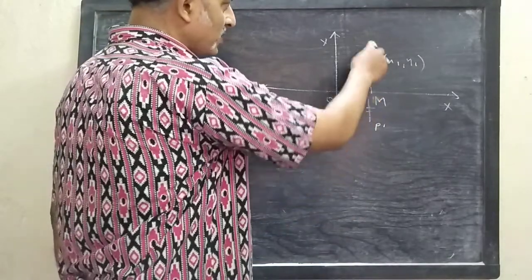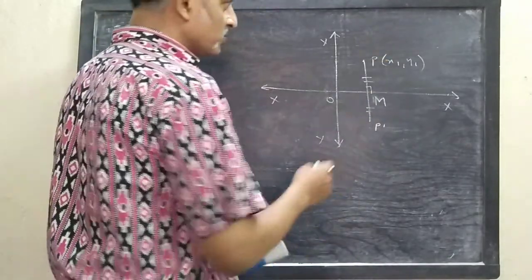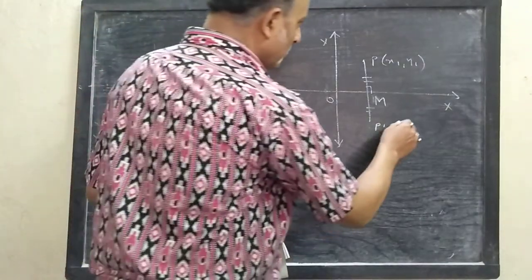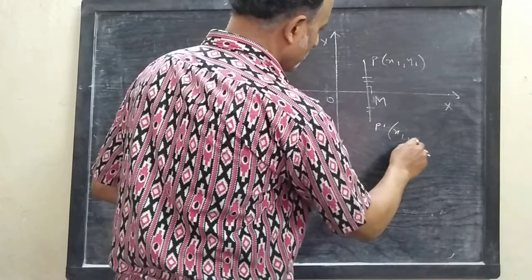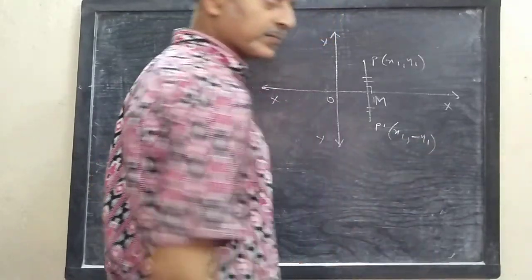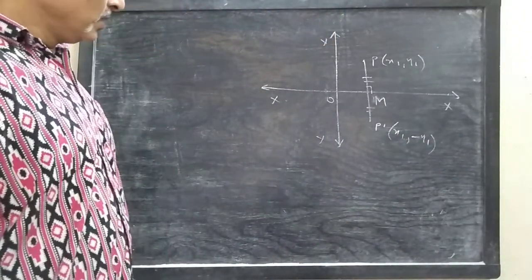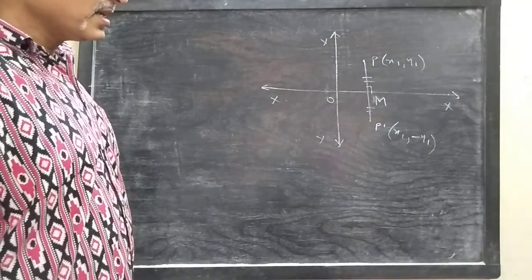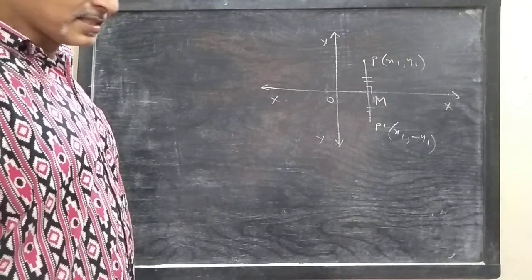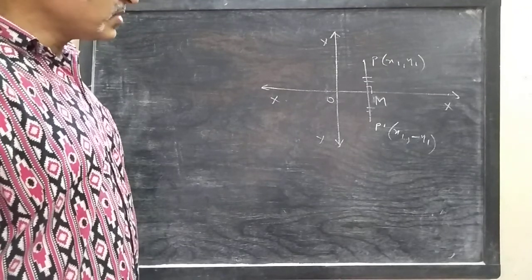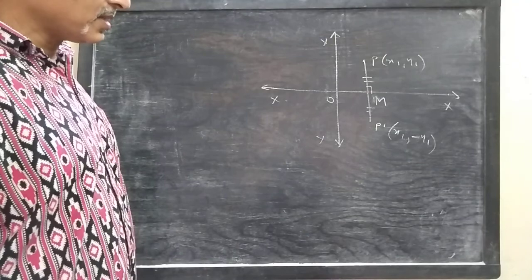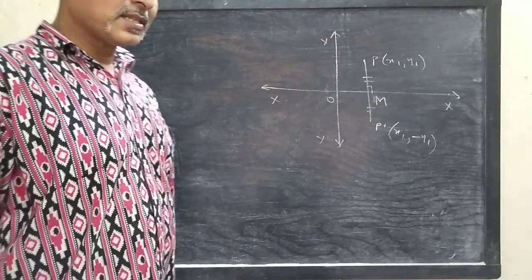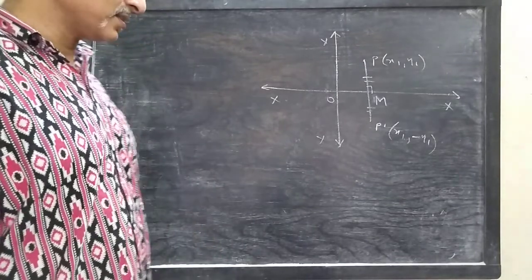And as OM is fixed for P and P dash, their abscissa remains fixed. So the coordinates of P dash will be x1, minus y1. Thus, when a point P is reflected in the x-axis, the image is formed at x1, minus y1. That is, its abscissa remains fixed, but the ordinate changes its sign.